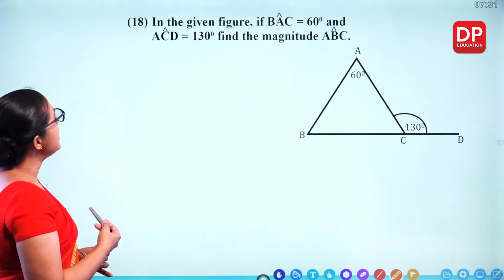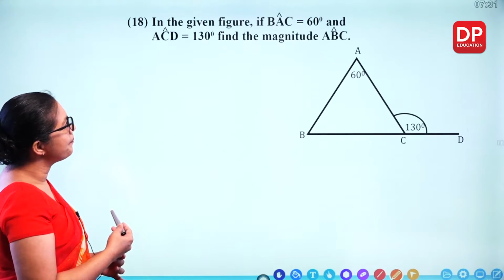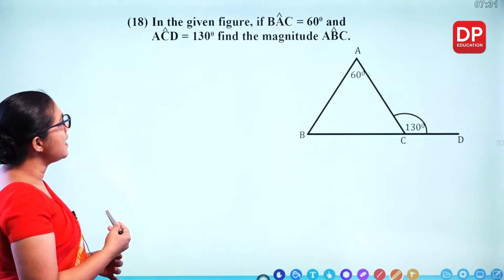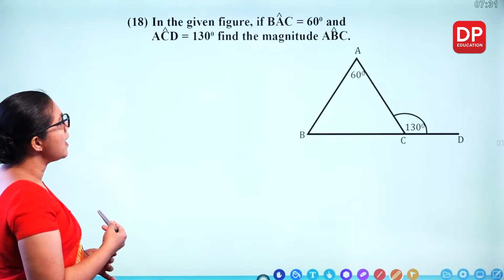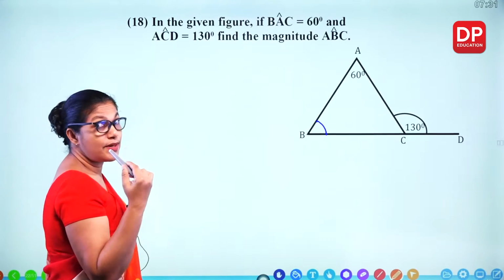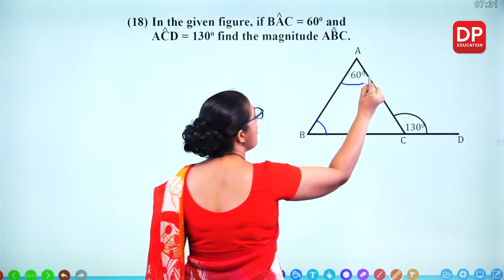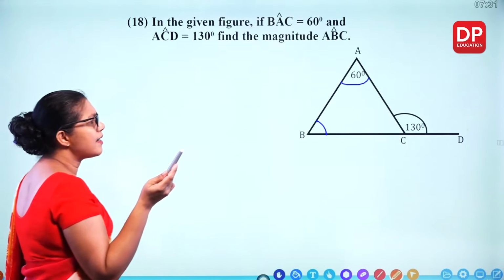Question number 18. In the given figure, if BAC is 60 degrees and ACD is 130, find the magnitude of ABC, this angle. It's really easy. The sum of the interior opposite angles adds up to the exterior angle.